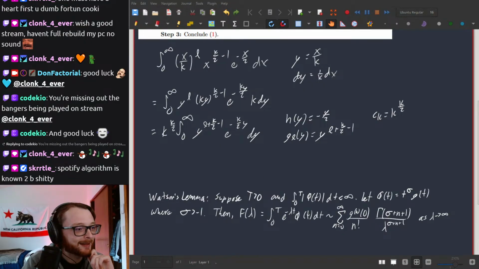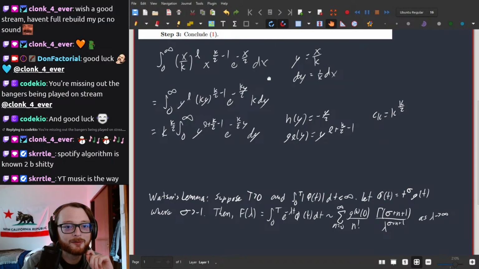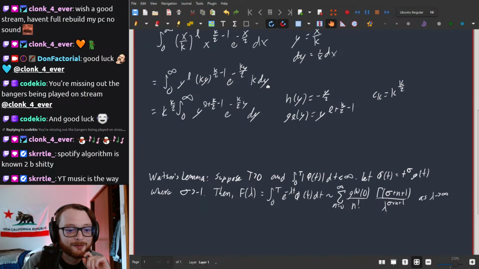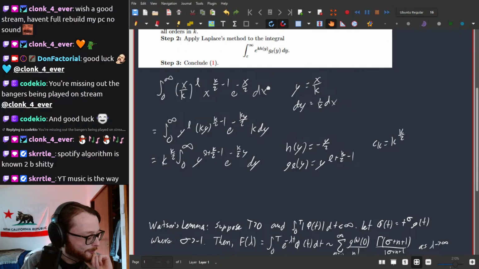I'm kind of shocked. I've never had that much luck with Spotify's algorithm, but I thought it was just me. The way I listen to music is kind of weird, where I tend to just turn on albums and listen to albums all the way through. And I feel like that messes up the algorithm because I don't actually like all of the music on the album. But yeah, YouTube Music is the way. I have found a lot of good music through YouTube. It's fair.